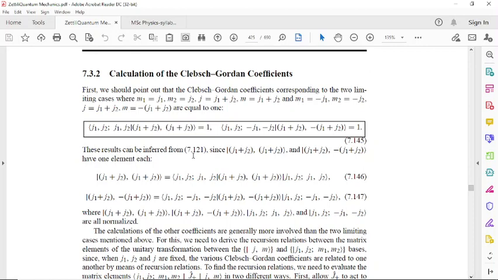Now we can go to the session on how to find the Clebsch-Gordan coefficients.